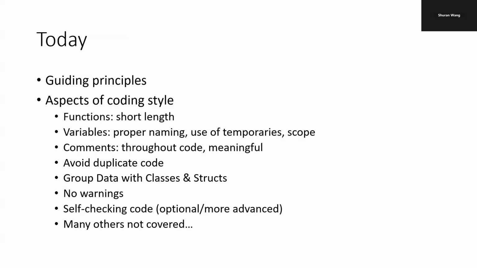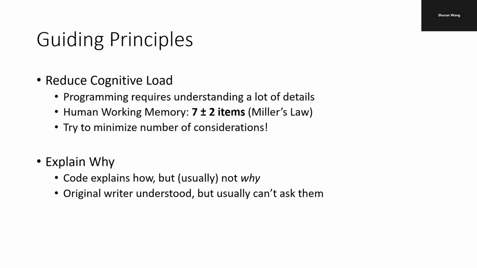So we're going to cover some guiding principles, and here is a list of all of the aspects of coding style. Your TA will be checking for all of these after you submit, and you should keep all of these in mind. We're going to go over the important ones one by one.